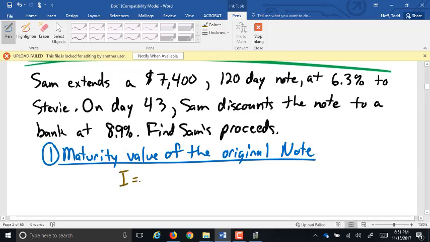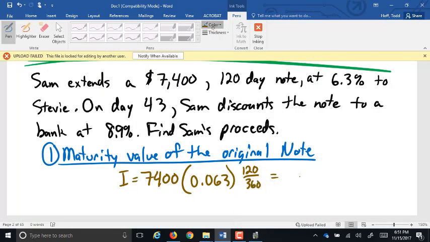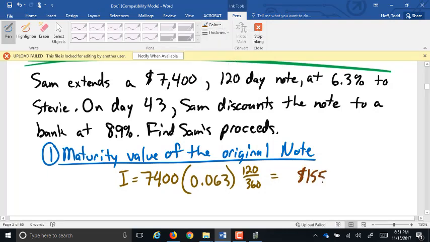Find the interest. So I equals PRT. What goes in for P? 7,400 times, okay, we use the 0.063 because that's the interest rate on the original note, times 120 over 360. So $155.40 is the interest.